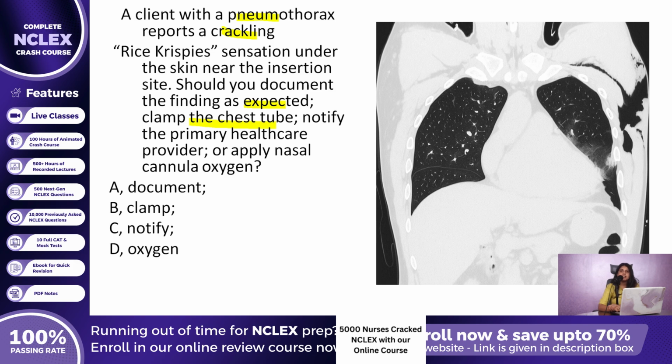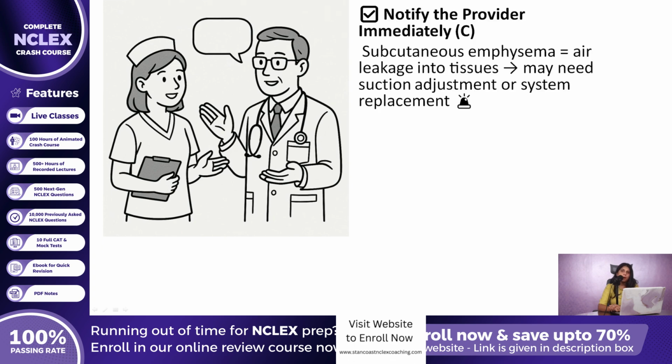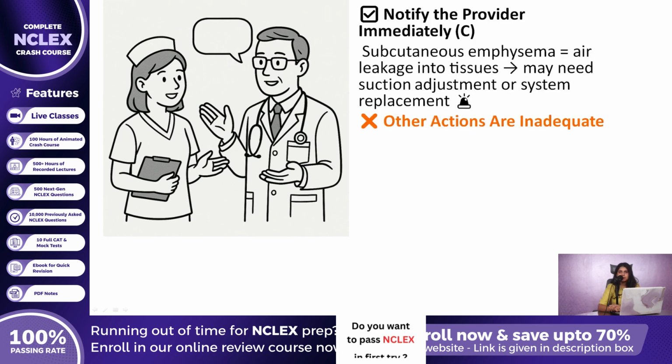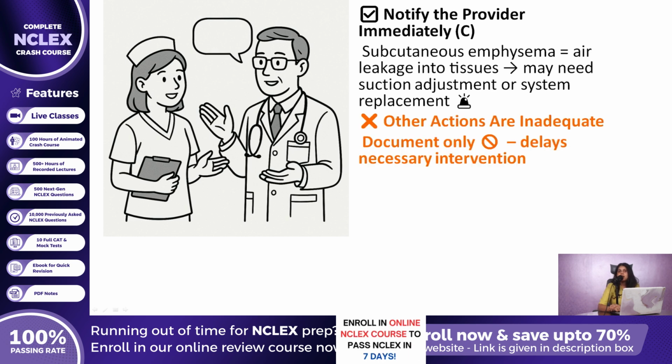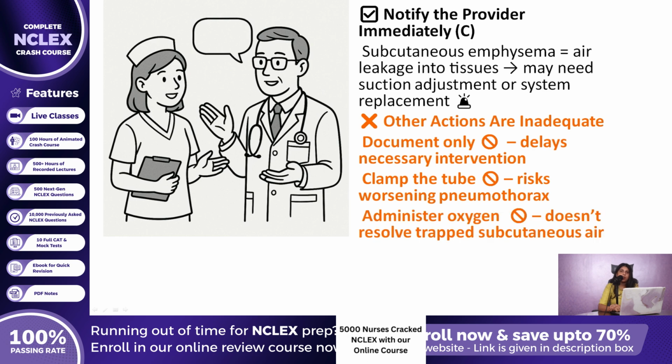The immediate action is C. Notify the provider, because subcutaneous emphysema indicates air leaking into tissues, a complication that may require suction adjustment or system replacement. Documenting without action risks deterioration. Clamping can worsen the pneumothorax, and oxygen does nothing to address the trapped air in the subcutaneous space.